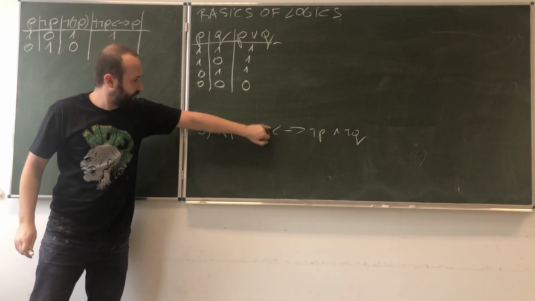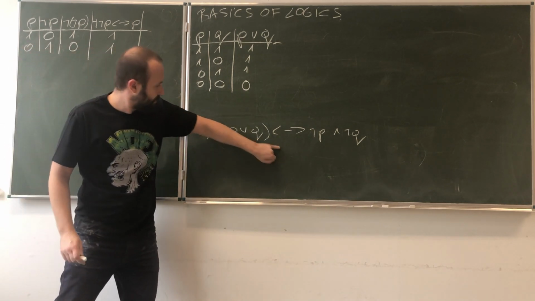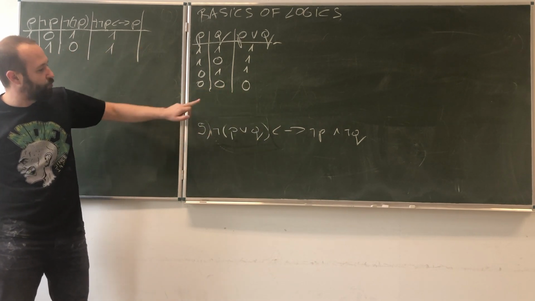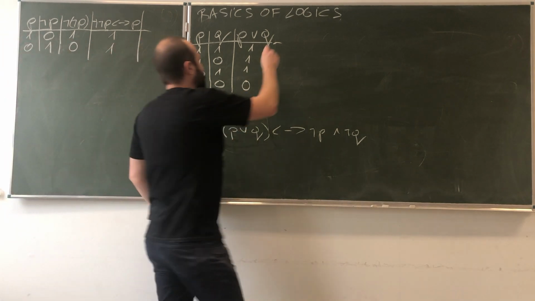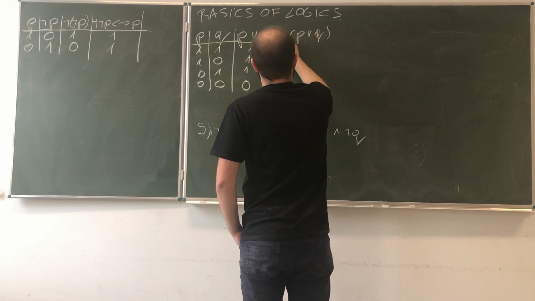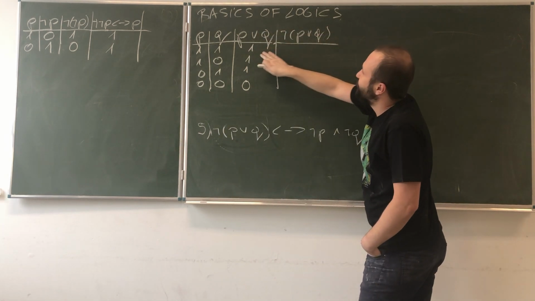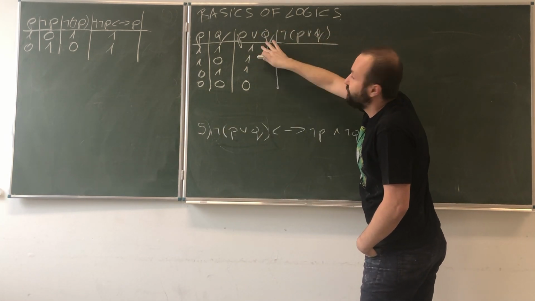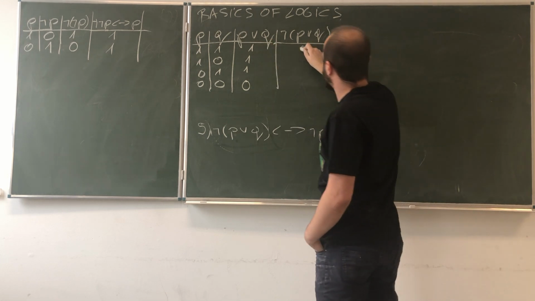Then we've got this entire statement. We need to negate what we've got over here, right? So we just change the logical value in the previous column to the opposite.